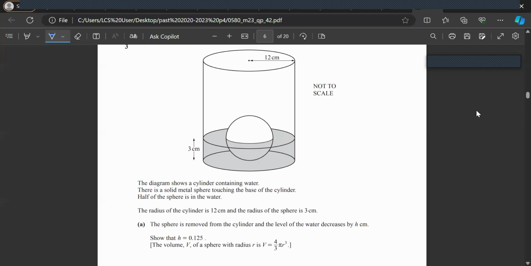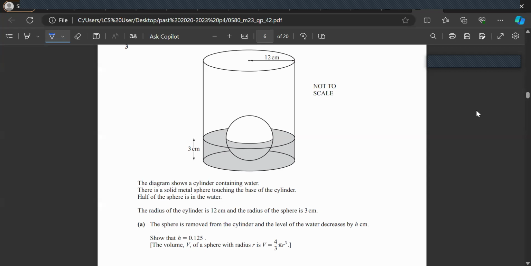To find the volume that decreased. Okay, so I will do what? The volume. But can I do it in another way? Yes. Which is? I think get the volume of the water visible, how it looks.